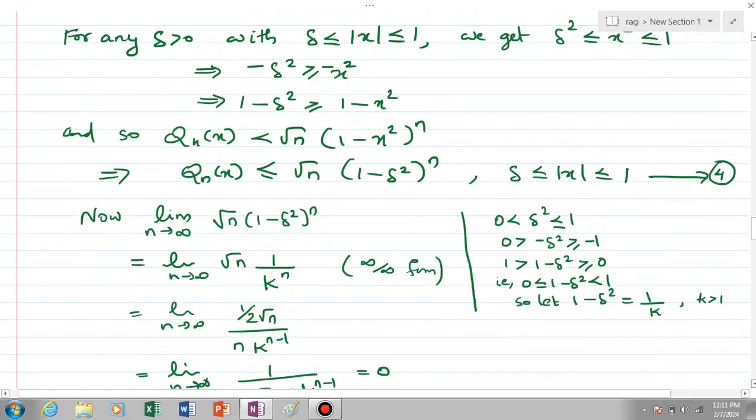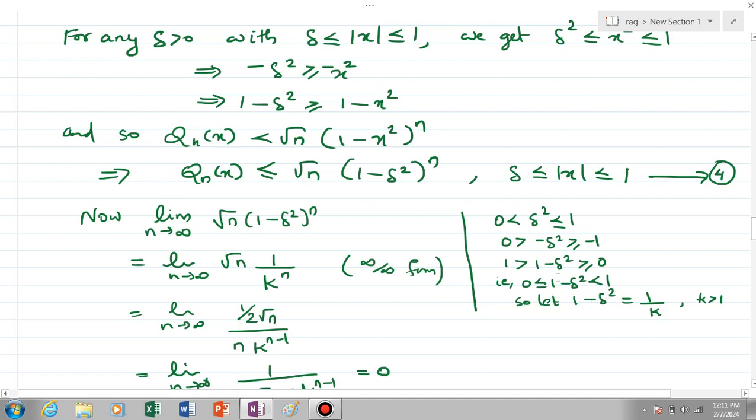Now we are checking the limit of the right hand side of equation number 4. That is, the limit as n tends to infinity of root n into (1 minus delta square) raised to n. We have 0 is less than delta square is less than or equal to 1, and taking negatives and adding 1, we can see that 0 is less than or equal to 1 minus delta square is less than 1.